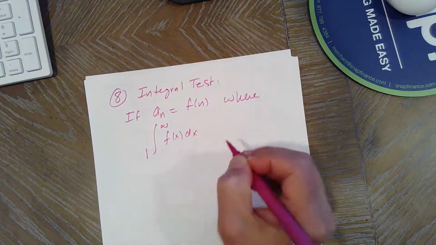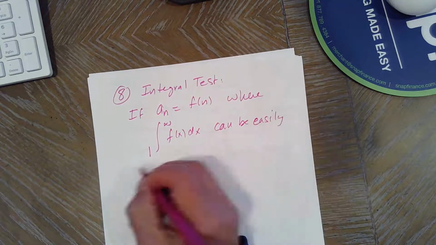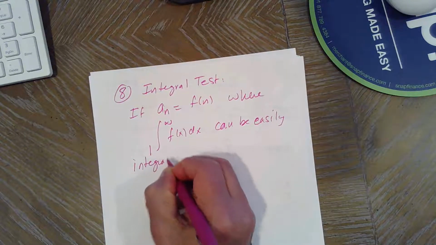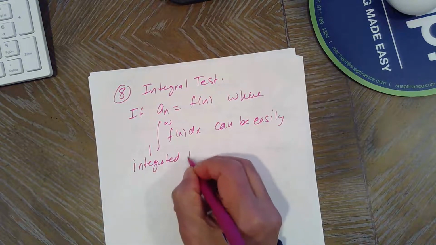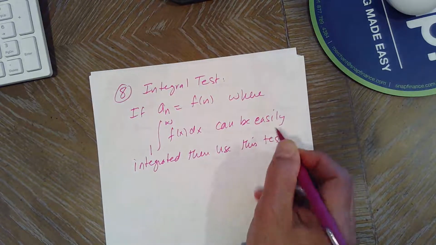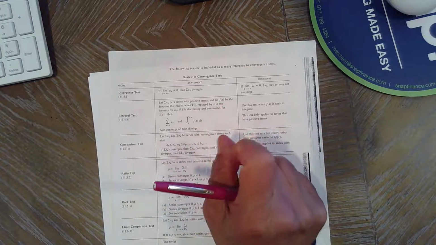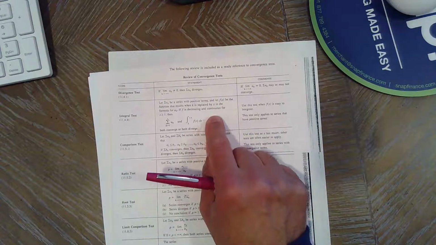Don't even waste your time. It can be easily integrated. Then use this test. And again, let's take a peek. The integral test. So you have to have positive terms, and the actual value of the integral is going to be the value of the series.